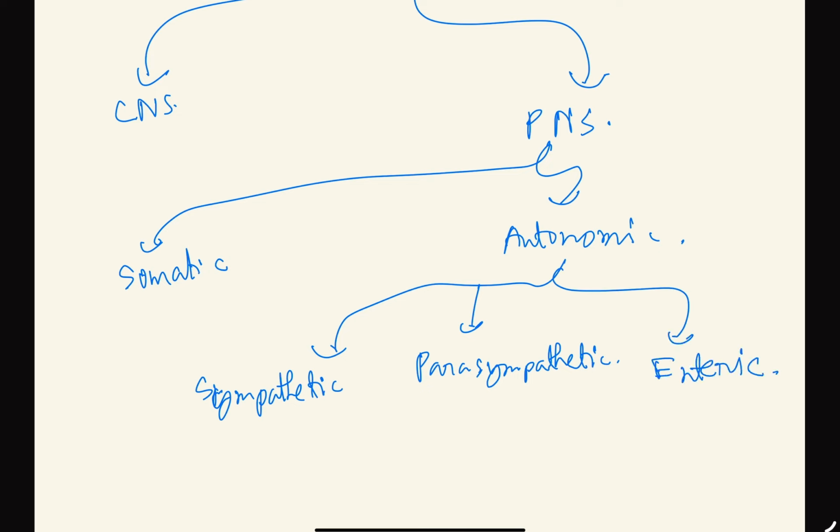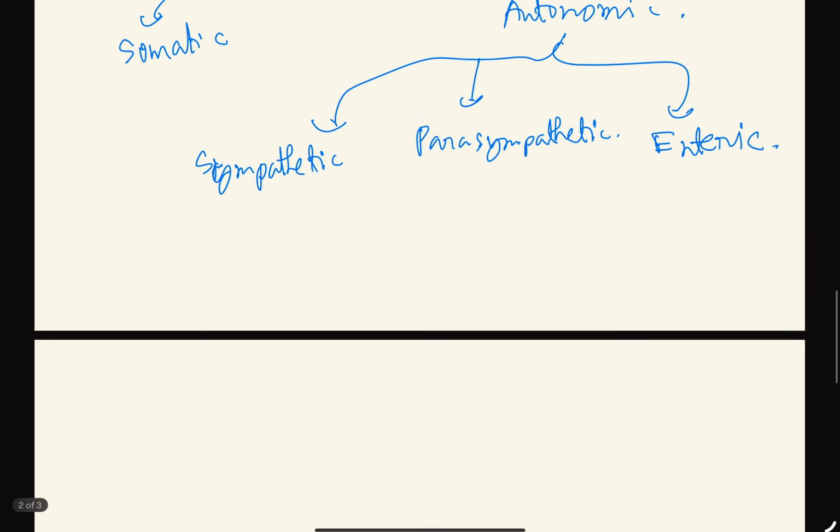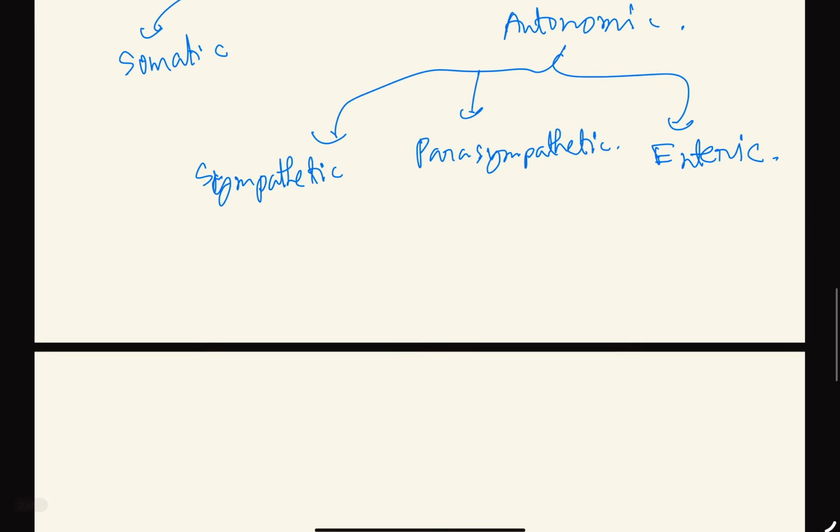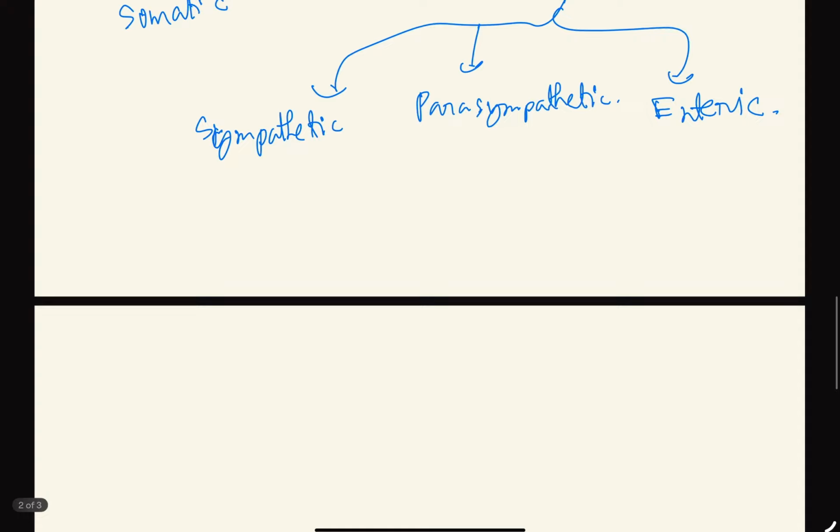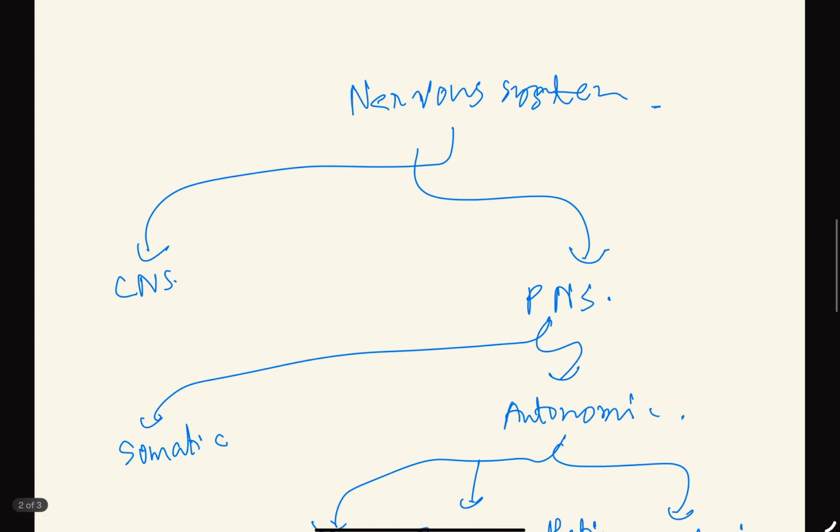Before I talk about the anatomy of the autonomic nervous system, I should tell about the neurotransmitters.